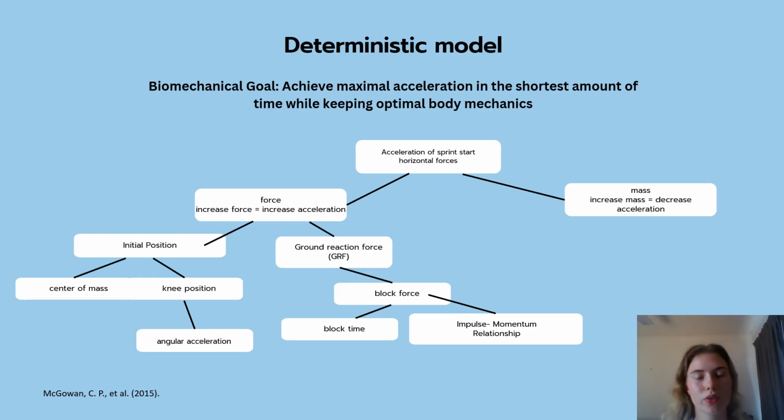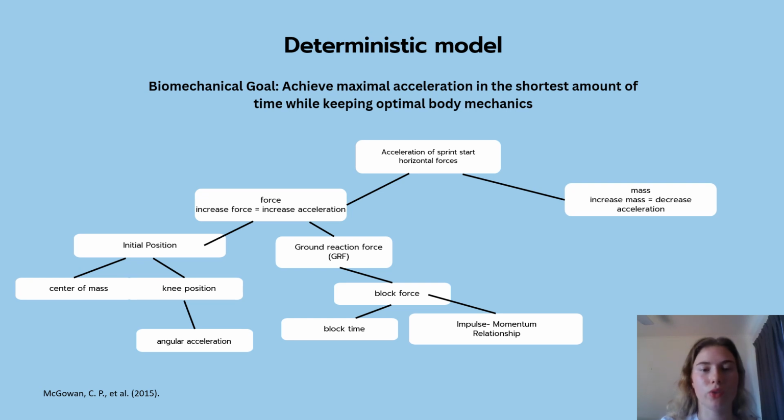The biomechanical goal of a sprint start is to achieve maximal acceleration in the shortest time while keeping optimal body mechanics. This is shown in the deterministic model, where we start with the acceleration of a sprint start and the horizontal forces, which then goes on to force and mass, where increased force increases acceleration but increased mass decreases acceleration.